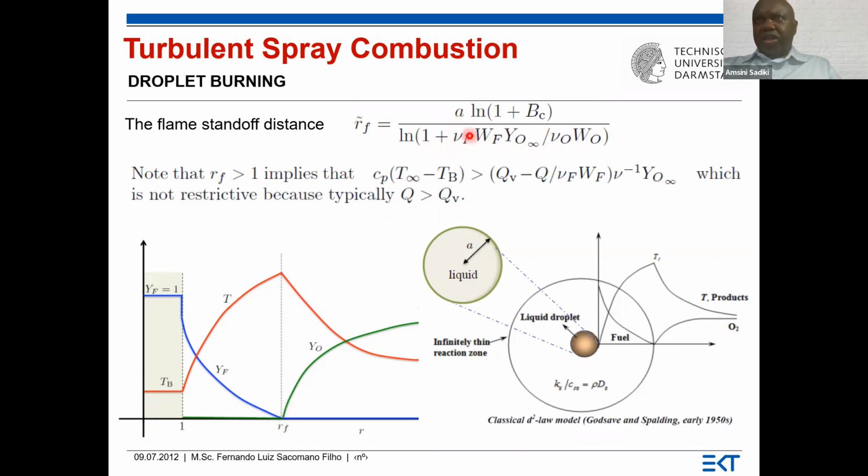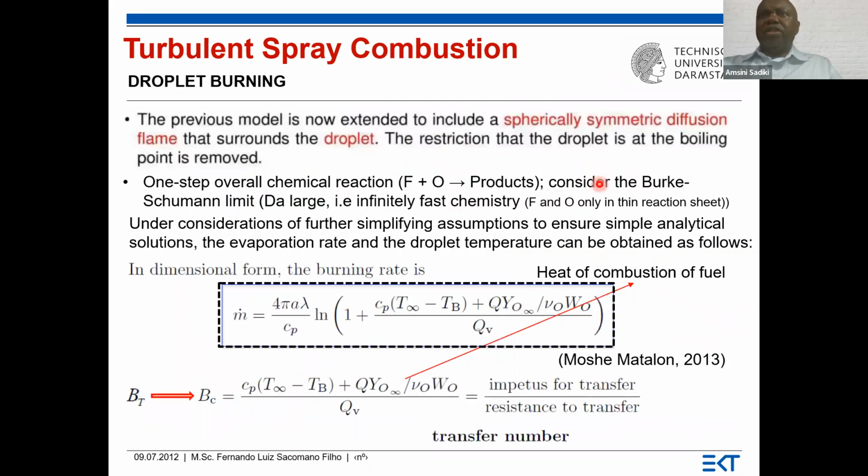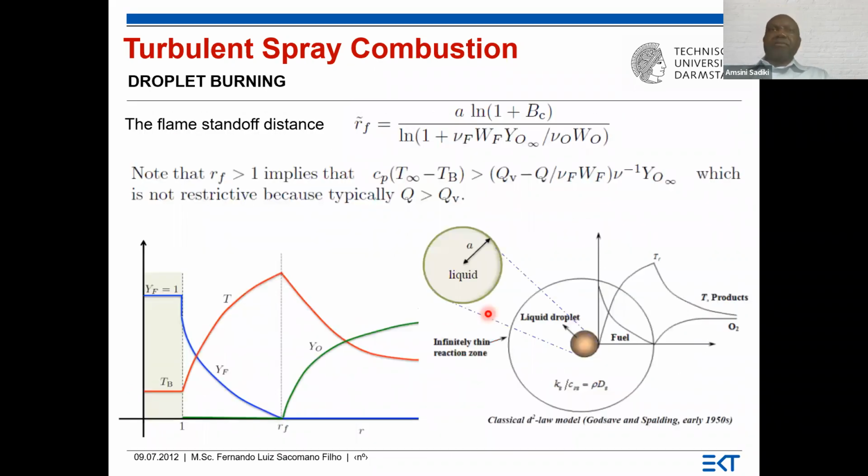If we have this quantity, we have everything here, and we say if this quantity is larger than 1, it implies that this quantity is larger than this, and we obtain this from this relationship. And this quantity we can get, and it is exactly what we also obtained for the evaporation rate.